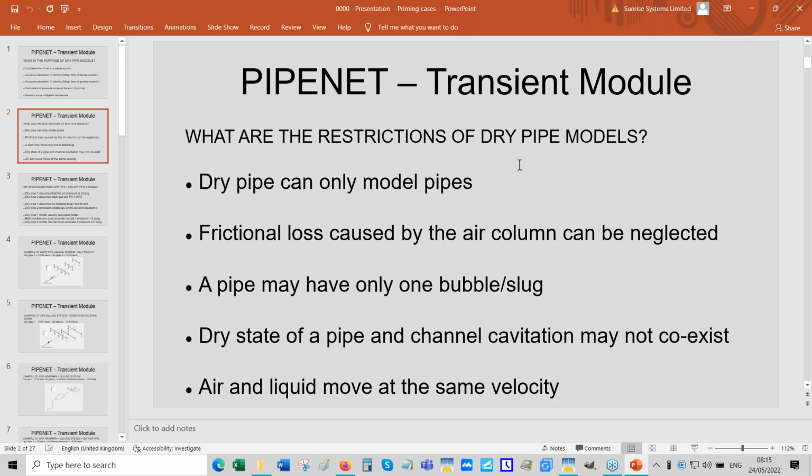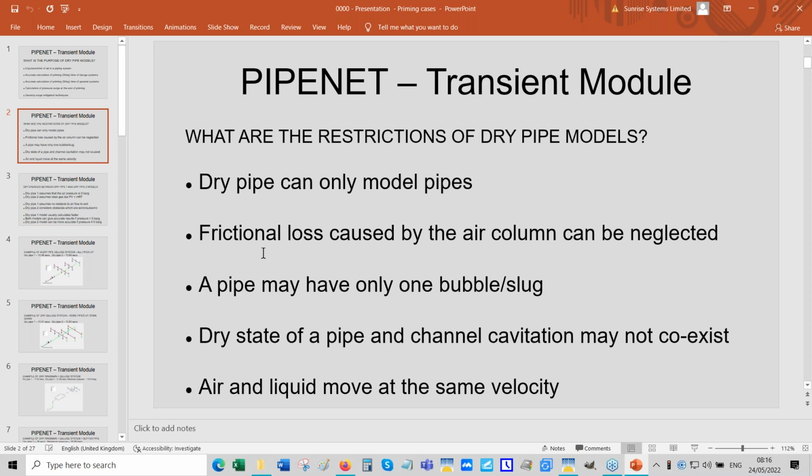It could be HYSYS, or it could be PIPENET. They will all have restrictions on the modeling capability. It's the same with the dry pipe models in the transient module. But this is obvious. A dry pipe can only model pipes. It cannot model a pump. So that's an obvious statement.